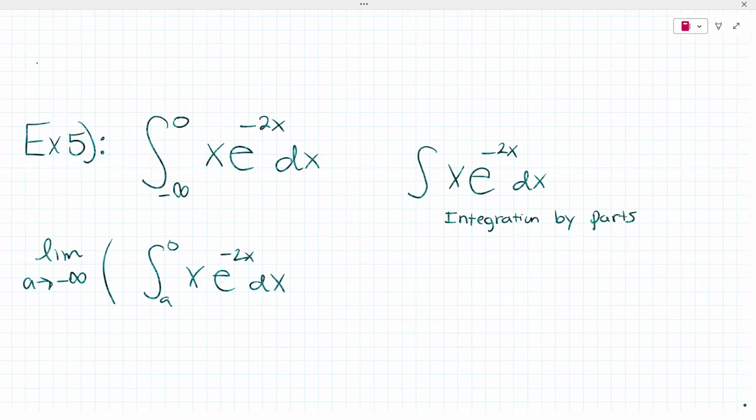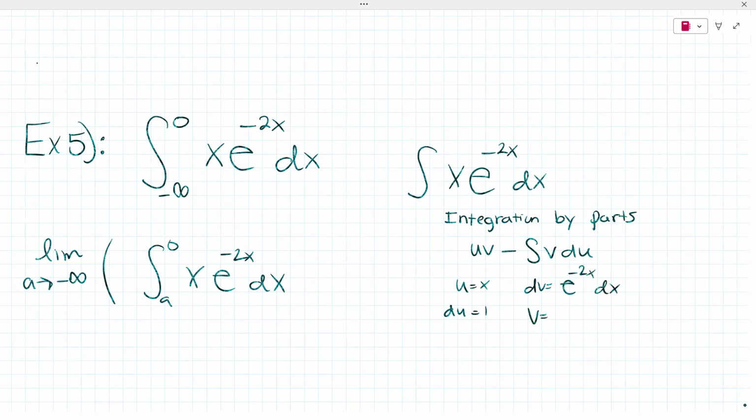Here's the integration by parts: uv minus the integral of v du. So what would be my u? My u would be x. My du, the derivative of x, is 1. My dv is the leftover, so our leftover is e to the negative 2x dx.